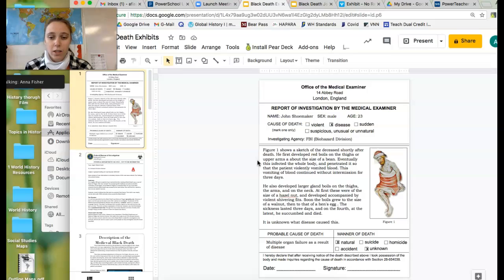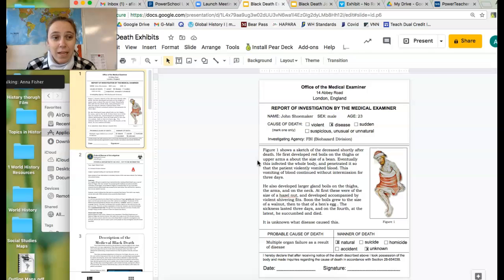You will also develop larger gland boils on the thighs, the arms, and the neck. At first, these were of the size of a hazelnut and developed accompanied by violent shivering fits. Soon the boils grew to the size of a walnut and then that of a hen's egg. The sickness lasted 3 days, and on the 4th, at the latest, he succumbed and died.